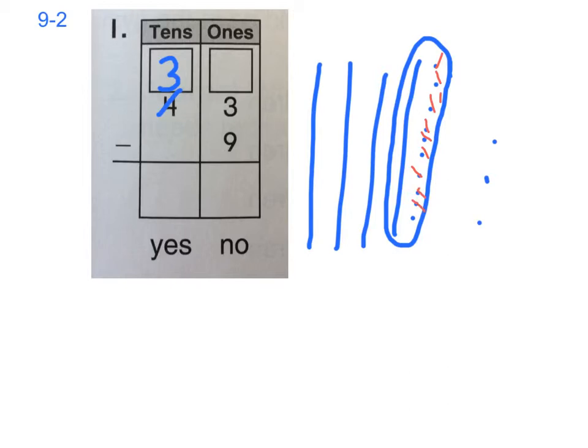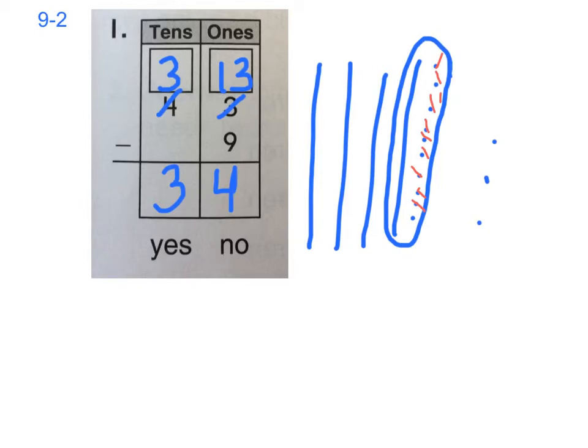Go back to the subtraction problem and change the 3 to 13 because we regrouped the ones to subtract. Now let's subtract 9 from 13 in the ones column and subtract the tens column. Our answer is 34.